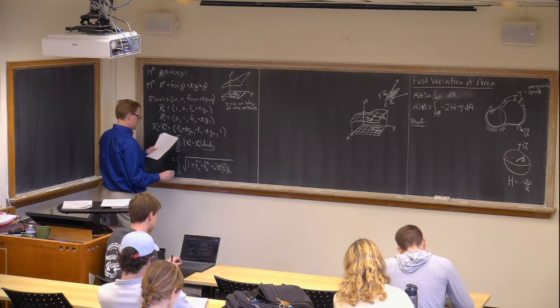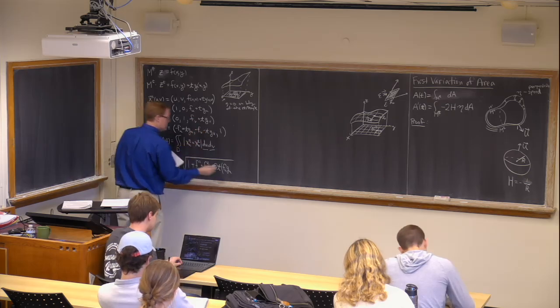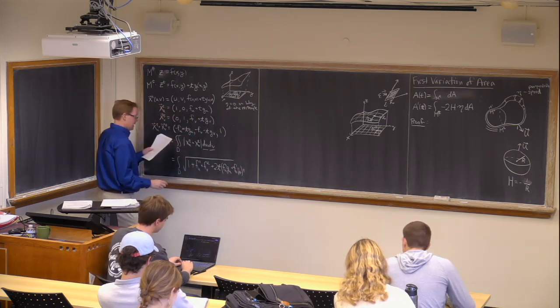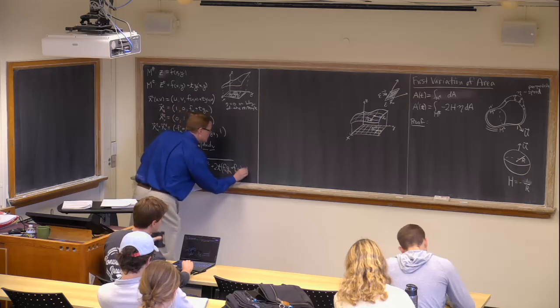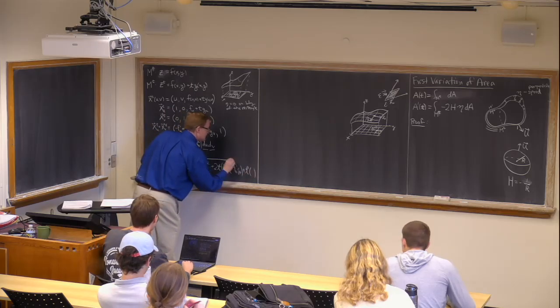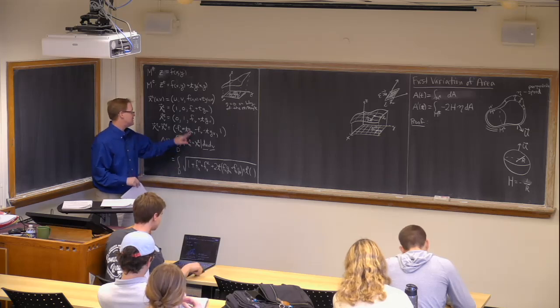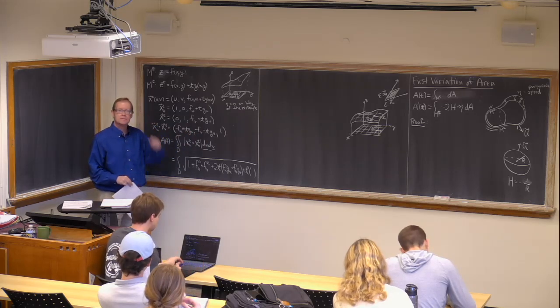And then same thing here, I'm going to get f_v g_v. And then plus t squared times some stuff. Turns out that stuff doesn't even matter, so I'll just leave it like that, okay? But that stuff would be g_u squared plus g_v squared.